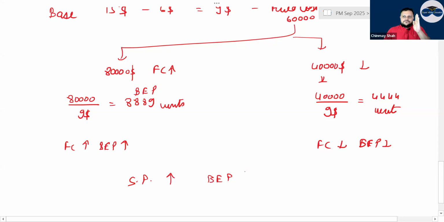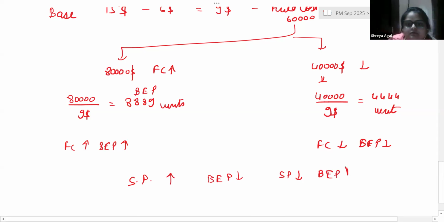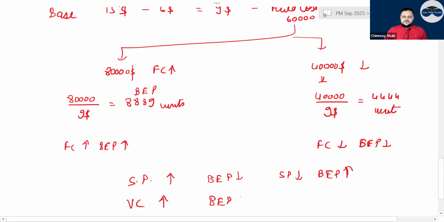Selling price goes up, BEP goes down. Selling price goes down, BEP will go up. Variable cost goes up, BEP will also go up, correct? Variable cost goes down, BEP will also go down, correct?